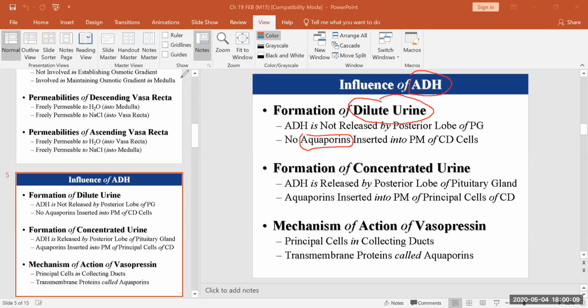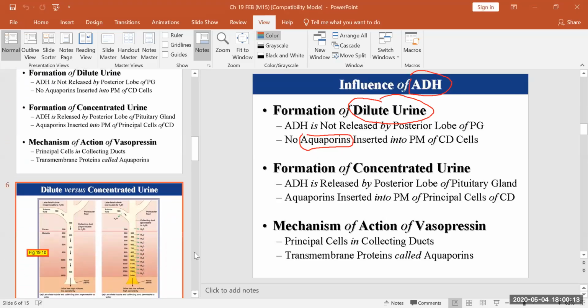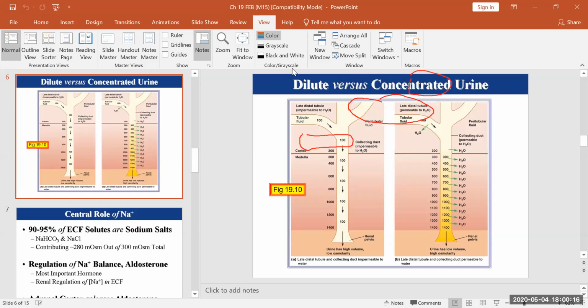And you see that here. If you go to, this is from your book, figure 19.10, let's start with panel A. This is where you are properly hydrated.